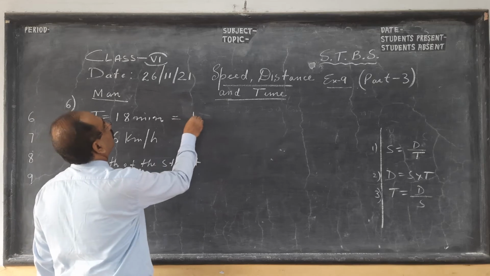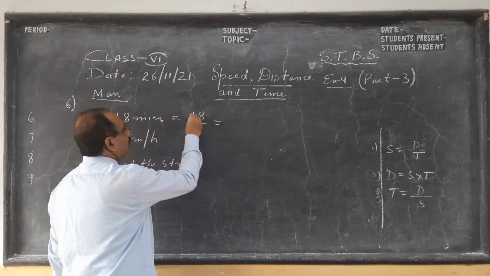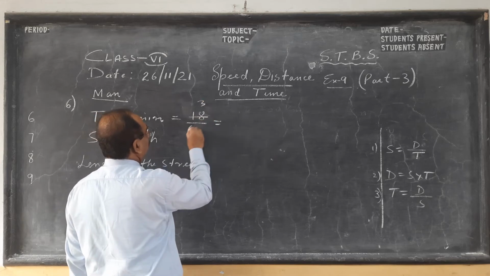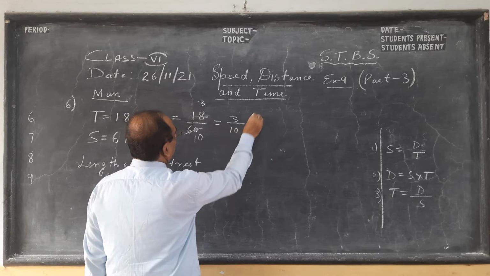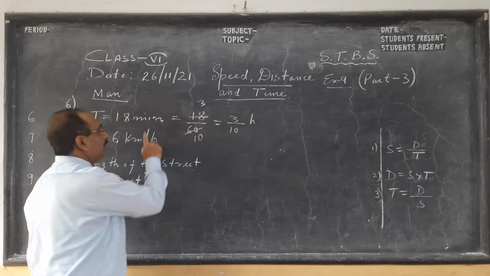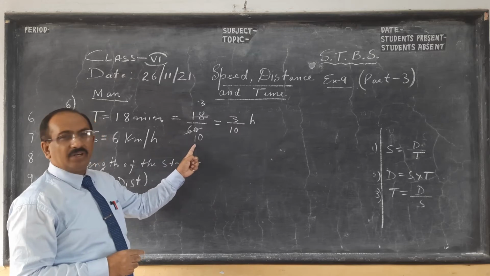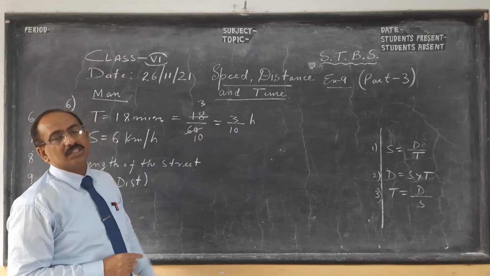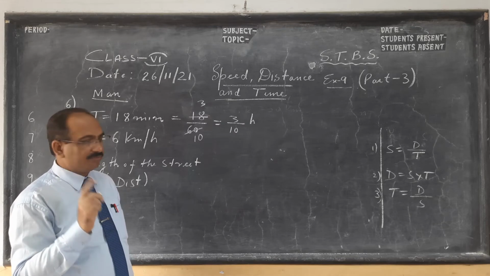So what we do, children, you divide by 60. 18 minutes is 3/10 of an hour. See, 6 minute is 1/10 of an hour, so 18 minute is 3/10.